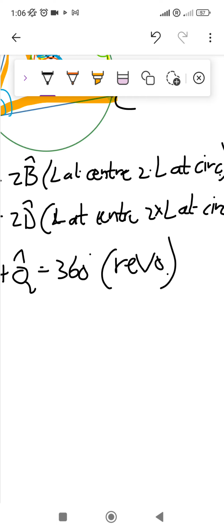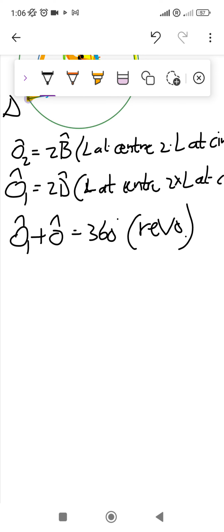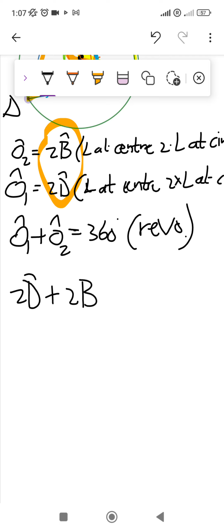So revolution is a reason, or you can say angles around a point, right? O1 and O2, they equal 360 degrees. What is O1? So we've made these two statements. So we can say O1 is 2D. And then we can also say O2 is 2B, and we know that they equal 360 degrees, right?